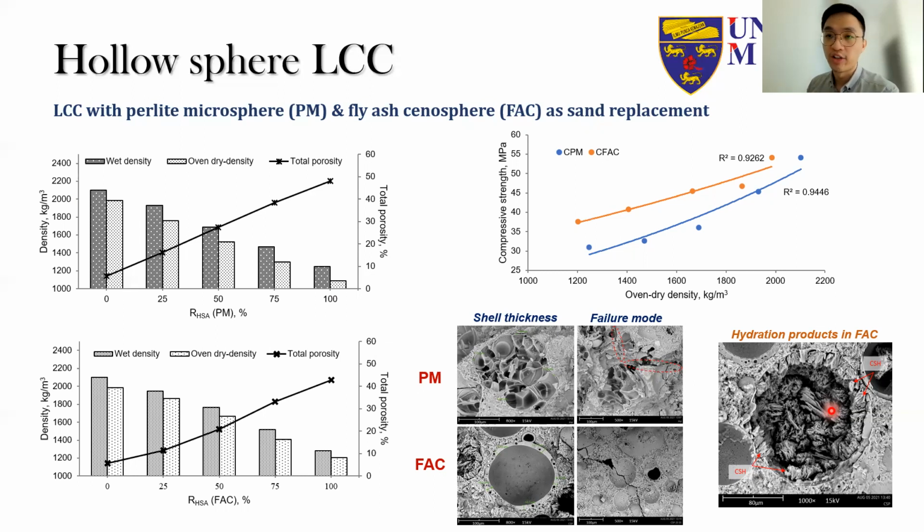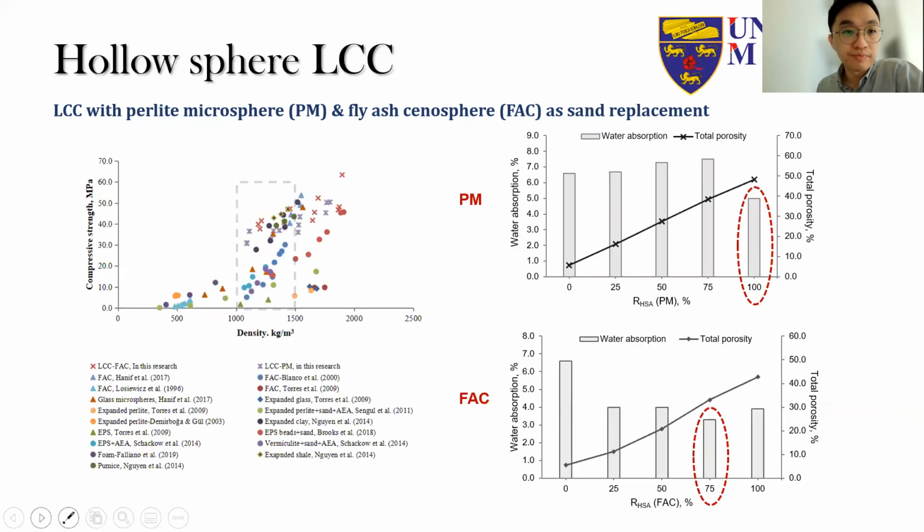Therefore, when the crack passes, it passes through the hollow sphere instead of around it. So these are the reasons that the fly ash cenosphere LCC has higher strength than the LCC using the perlite microsphere.